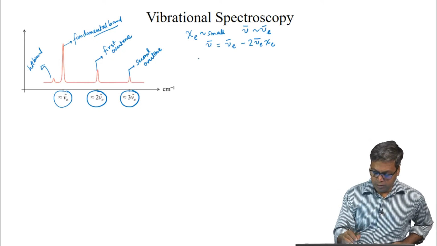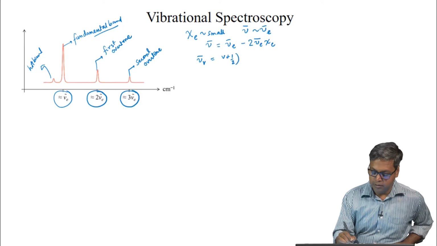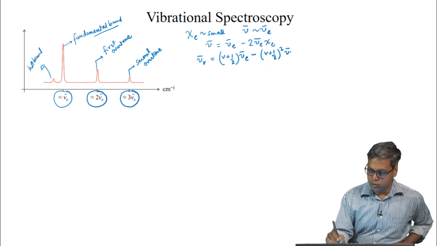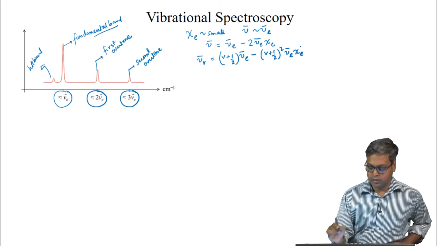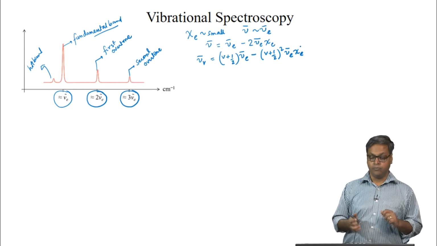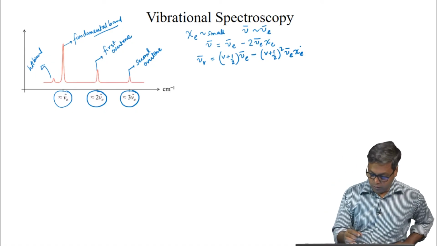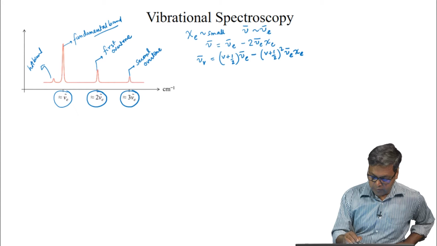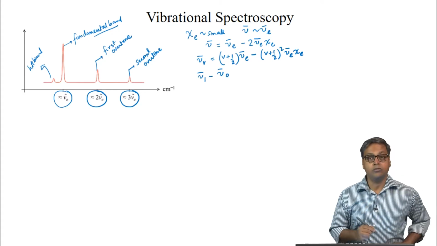We know that nu bar for any vibrational level V is given by V plus half nu bar E minus V plus half squared nu bar E chi E. The fundamental frequency is the energy difference between V equals 1 and V equals 0 level, so it is given by nu bar 1 minus nu bar 0.